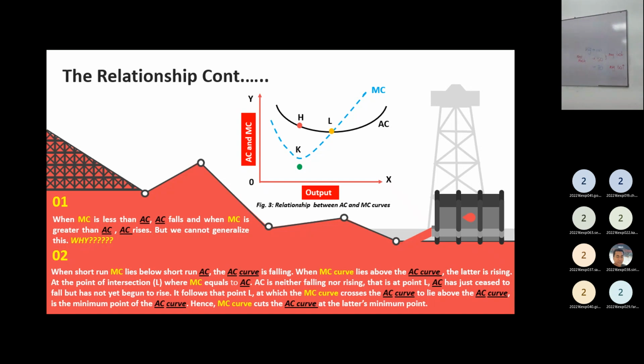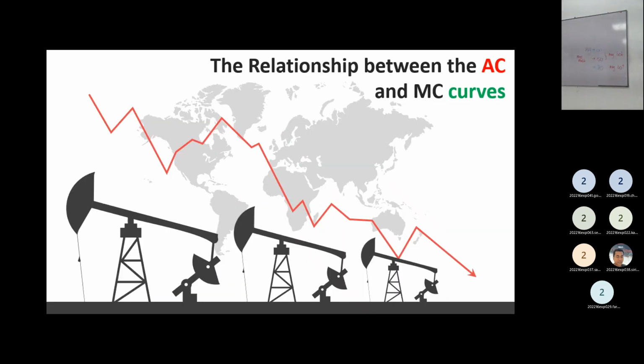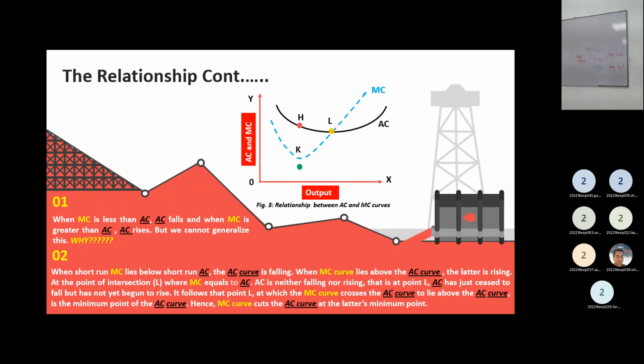And at this point, you could see that when it comes to point L, your marginal cost is equal to what? The average cost. So that is based on mathematics, and once you draw the particular curves, you should see it based on the figures. So please check whether you're okay with these things.